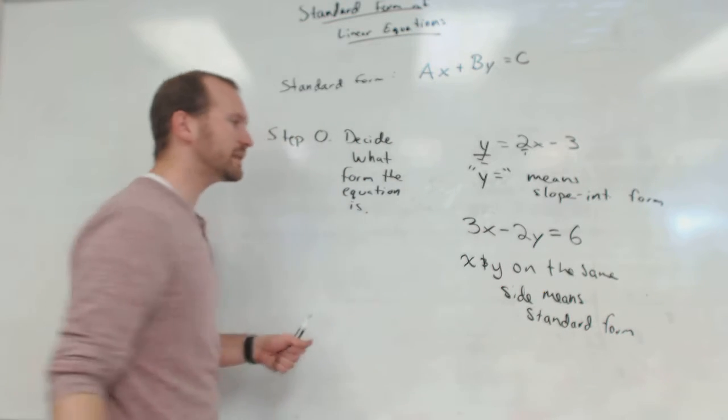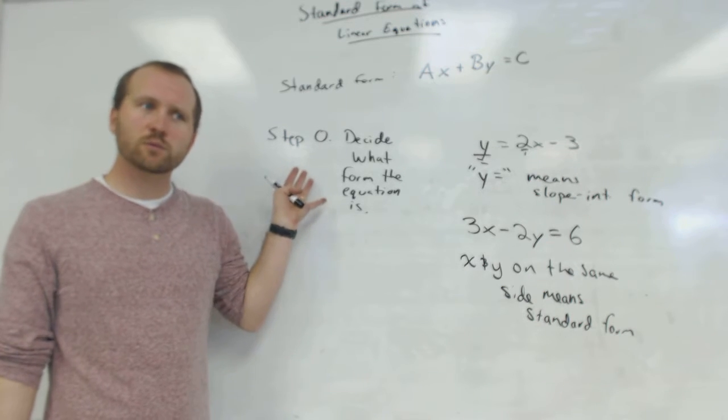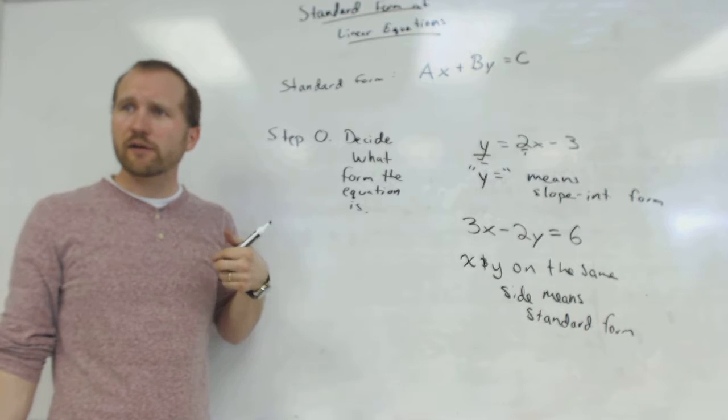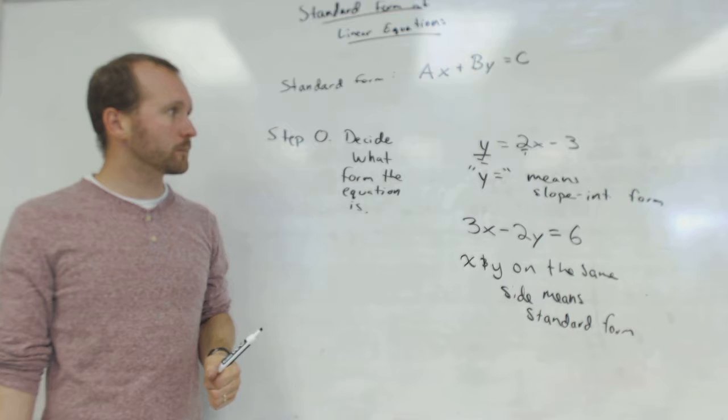Okay. So this is, never forget this step. The first thing we have to decide is which technique are we going to use to graph it, and that depends on which form our line is in.